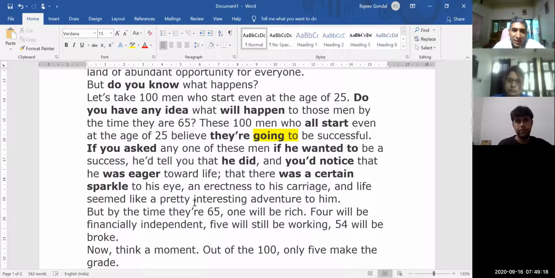Now the second sentence is again interesting because this is supposition. It's neither present nor past. It is something which is like a supposition. Supposition means "agar aisa karoge". So "going to" is in future tense. If you asked any one of these men, see, we are talking about supposition here.